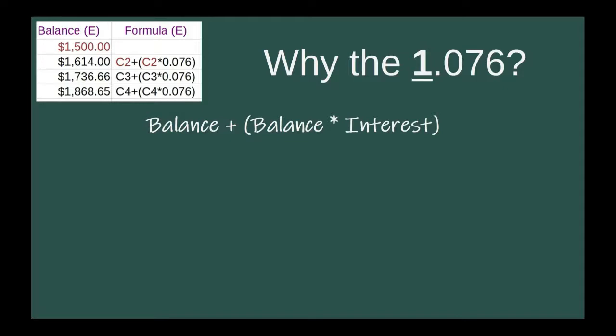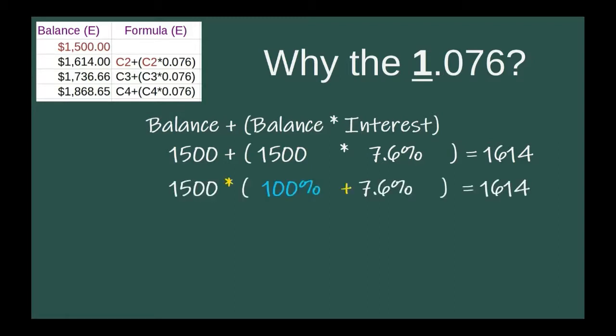Let's zoom to just year 1. If the beginning balance is $1,500, then the interest will be 7.6% of that. We add the interest, which was $114, and the balance becomes $1,614, just like old times. Now, the 1 in the 1.076 comes from some nifty algebra.